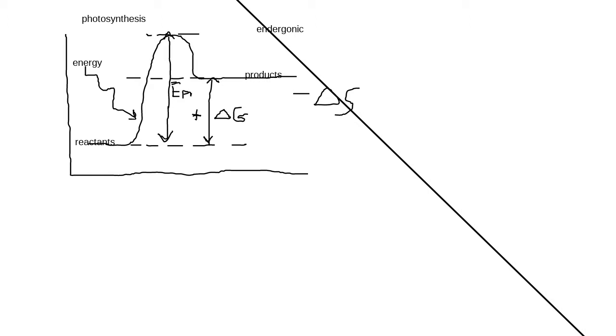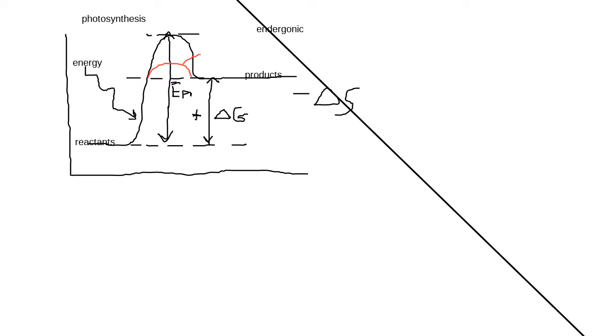Consequently, if you added enzymes to this, you could still reduce it, right? Your activation energy is a little bit lower, but it's still much higher than the exergonic reactions, where your reactants start up here and then go down there.